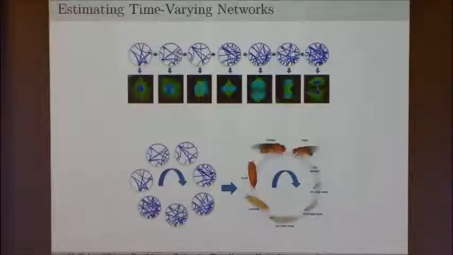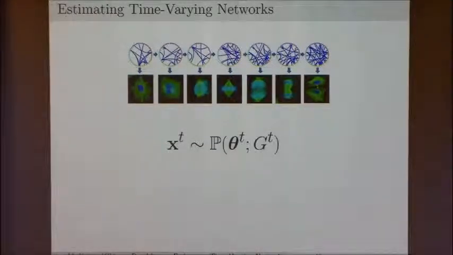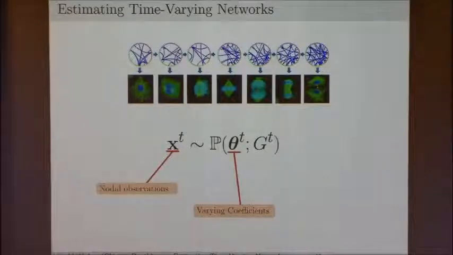Okay, so the setup that we are interested in is when we have data that is collected over time, and we would like to infer parameters that hopefully give us insights about this process over time. In this setting, we have a vector of nodal observations at each time point t, which is distributed according to a distribution indexed by a parameter theta of t.